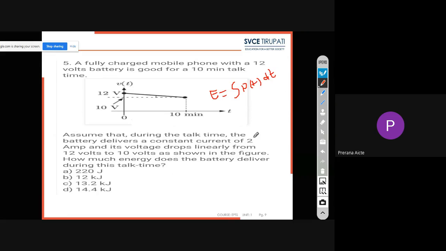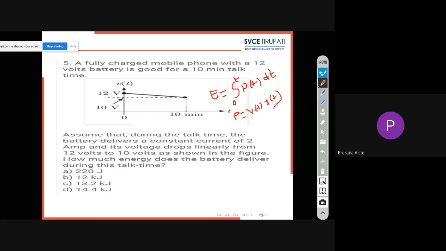Yes or no? The integration of the power is nothing but energy. So that is 0 to t. What is the formula for P of t? Power formula. Power is I square R or V into I, that is V of t into I of t.